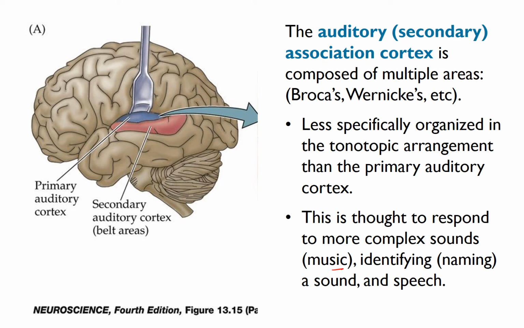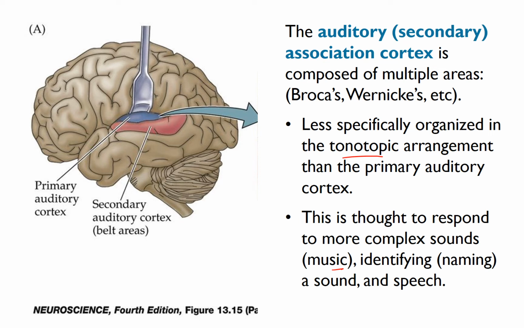Compared to the primary auditory cortex, the secondary auditory cortex is less organized in terms of what we call tonotopic arrangement. Tonotopic arrangement is kind of like the homunculus in the somatosensory system, where input from different parts of the body maintains the same relative organization all the way up to the sensory cortex.